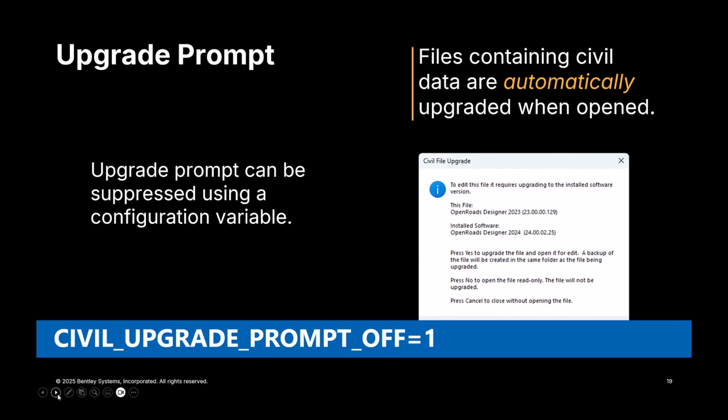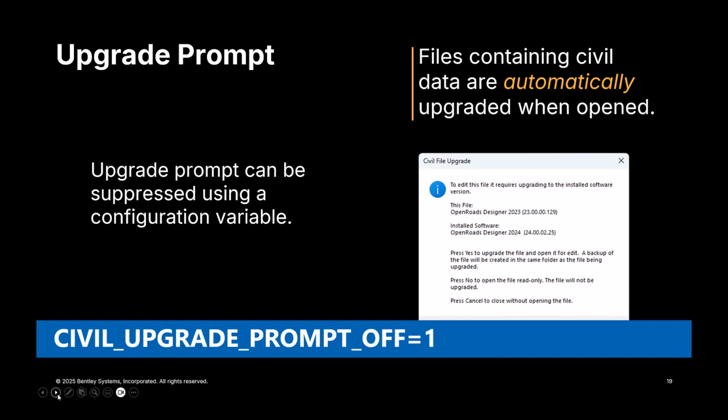Because one of the things you've got to be thinking about if you have a larger team, let's say you've got 2 or 5 or 10 or 20 people working on a project, is that upgrading needs to be managed. If you're just upgrading by opening files and 2 of the 10 on your team have a newer version of software than the others, it could become problematic.